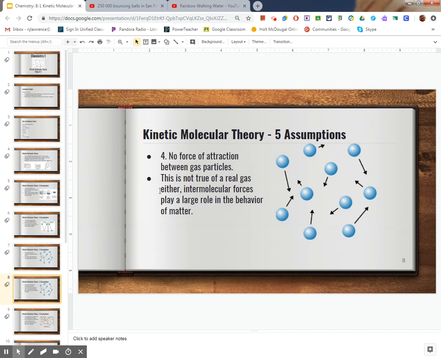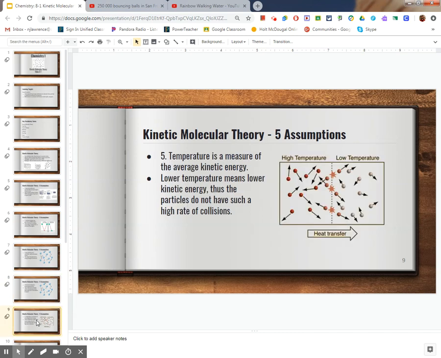So again, this isn't true in real gases. Real gases, they do have intermolecular forces, and this does play a large role in their behavior. So if we want something to behave ideally, we really have to heat it up or even remove the pressure of the environment so that they can behave ideally. But again, the fourth assumption is there is no attraction, there are no intermolecular forces. These guys are free to bounce as they wish.